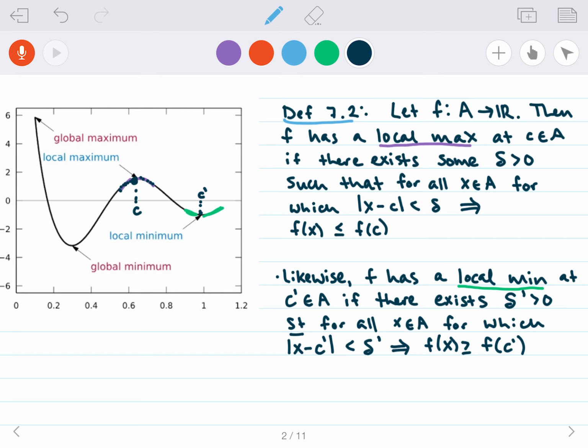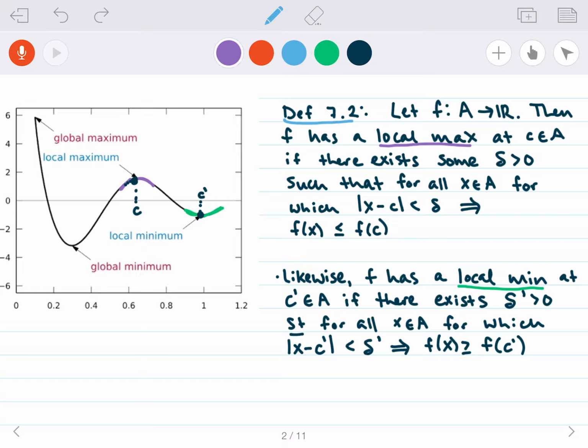So something like this. And likewise with a local min, your teacher probably tells you it's going to be the lowest point on that curve relative to some points nearby it. And so we're going to make that definition precise here, reformulating it in terms of deltas.